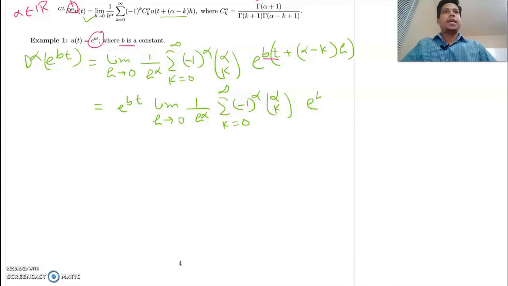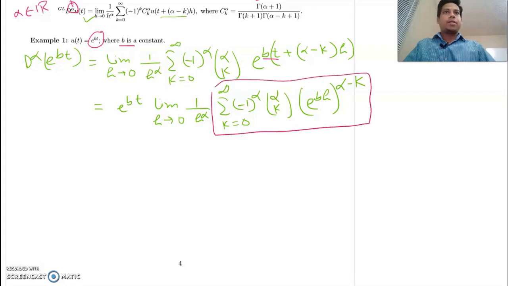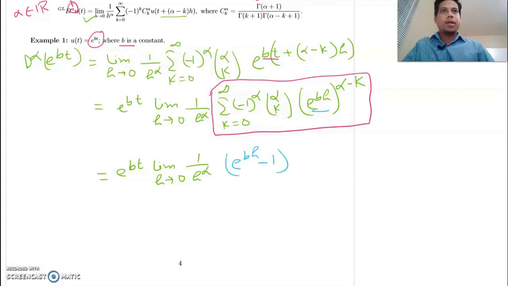So we can write bh times (alpha minus k) as an exponent. If we look at this summation, this term we can replace by a power function: exponential of bh minus 1, raised to the power alpha.